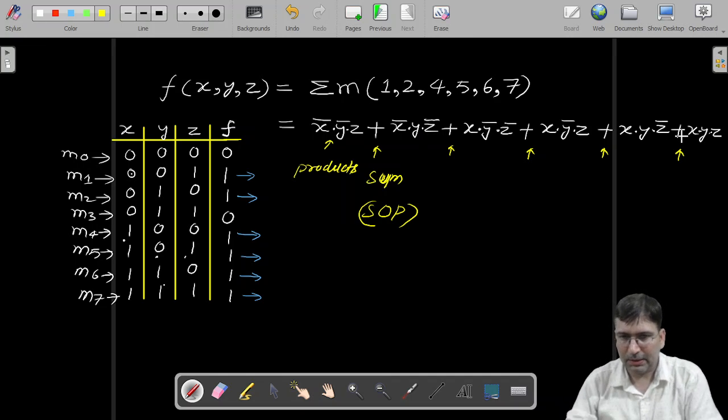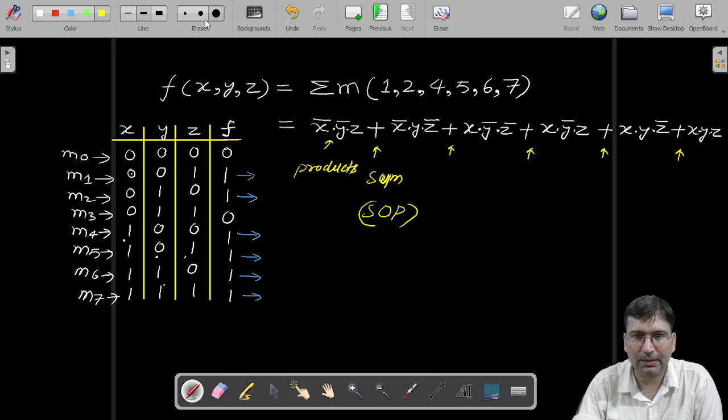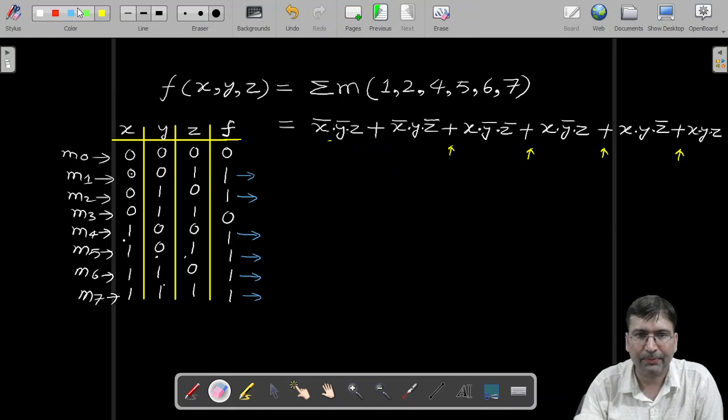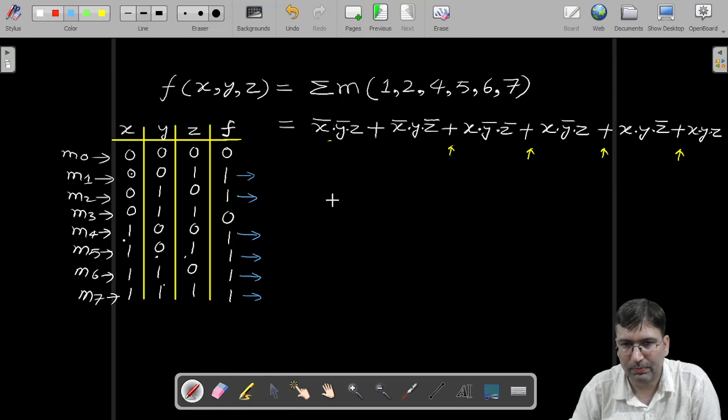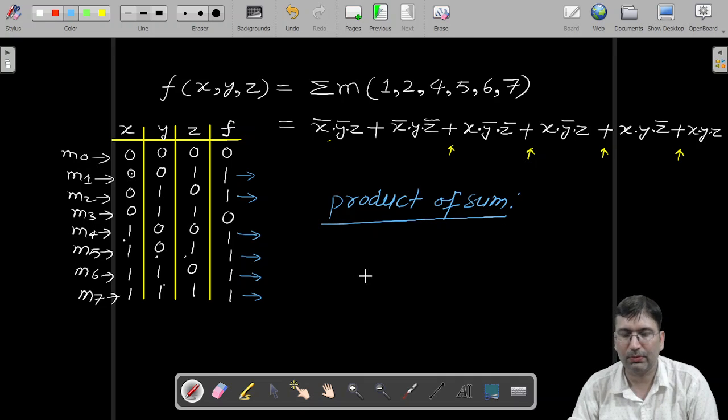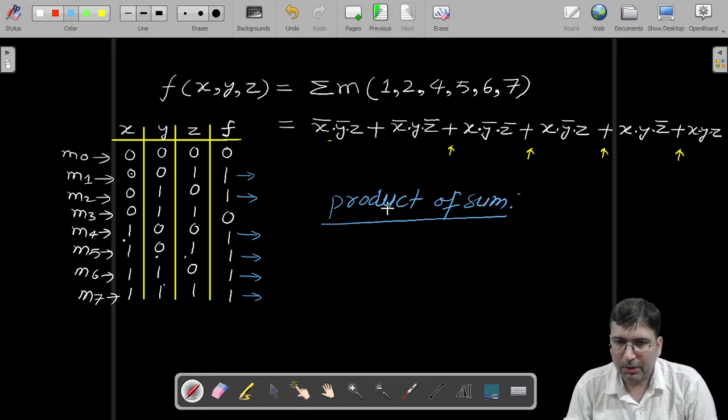Now there's another standard form which we consider, product of sum, right? This is also one of the standard canonical forms. In product of sum, we are interested in zeros.